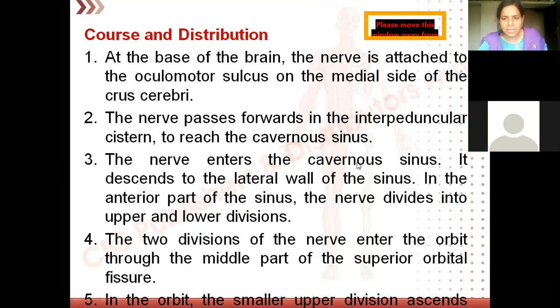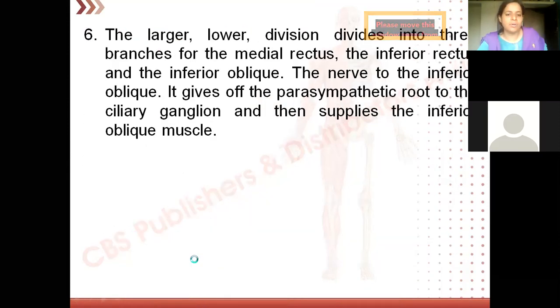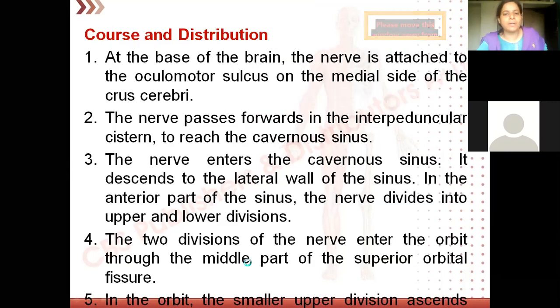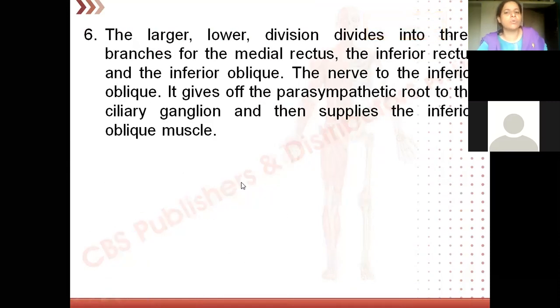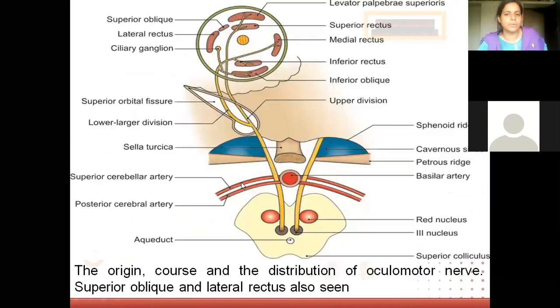It enters the cavernous sinus, goes laterally, where it is dividing into upper and lower divisions. Two divisions enter the orbit, passing through the middle part of the superior orbital fissure. And we know the smaller upper division is giving those parts, the larger lower division those parts. Looking at that diagram, you can write everything.